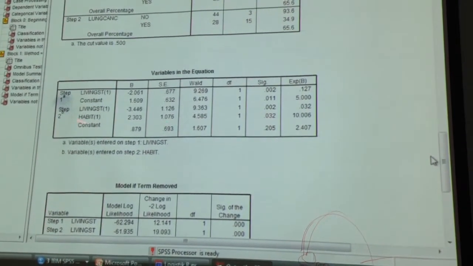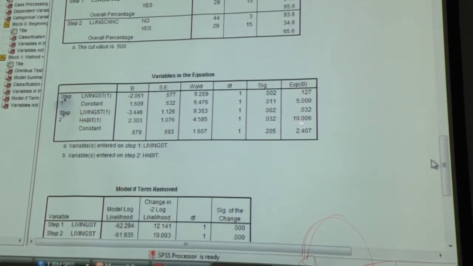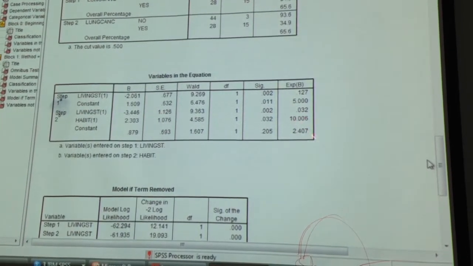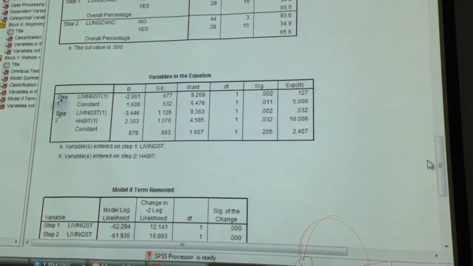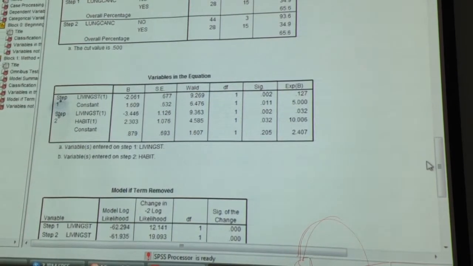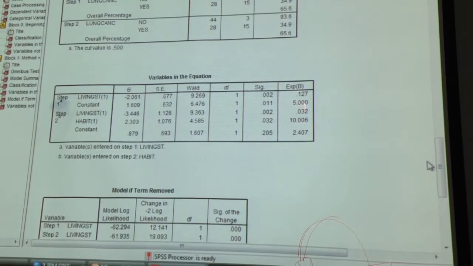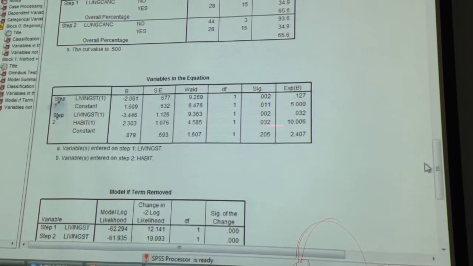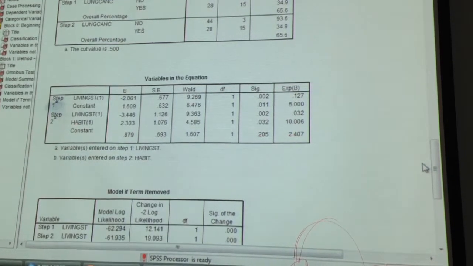So for the smoking person, this is more than 10. That means 1,000%, which is 10 times. Smoking habit will increase the probability of having lung cancer by 10 times.